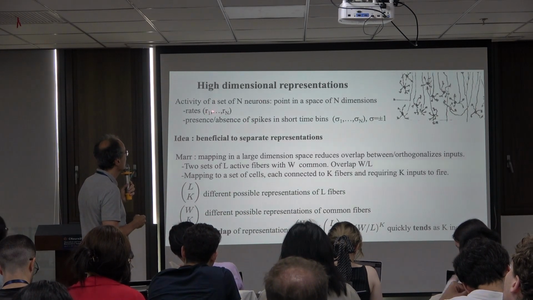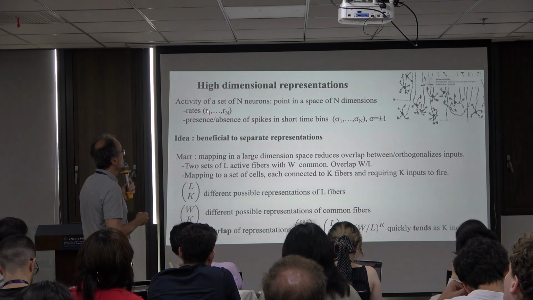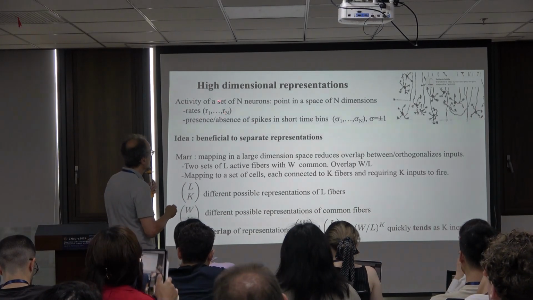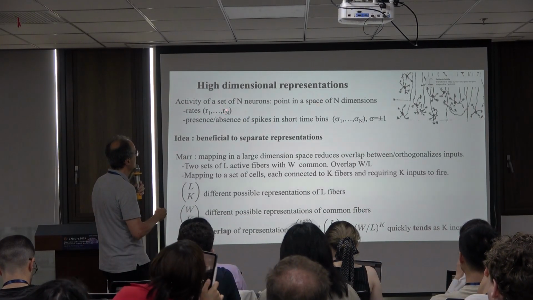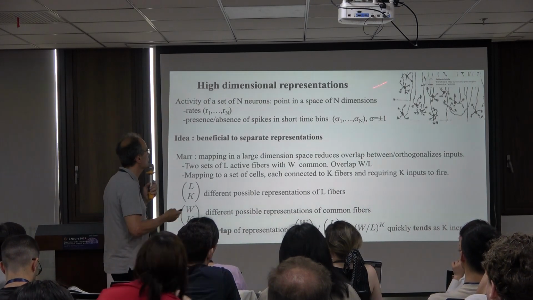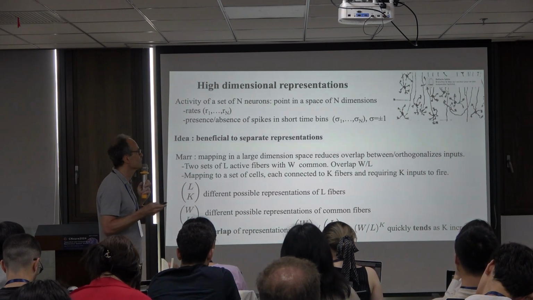If I have a representation with n neurons, I can take this as a point in an n-dimensional space. So I would say that I have a representation of this activity in a space of n dimensions.